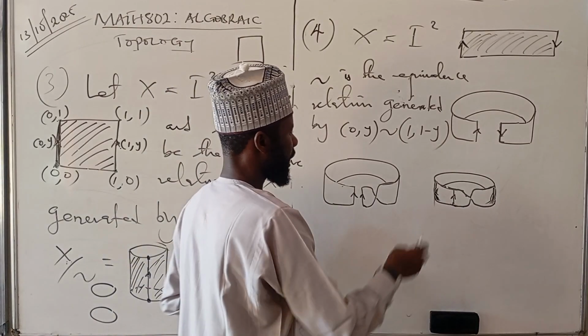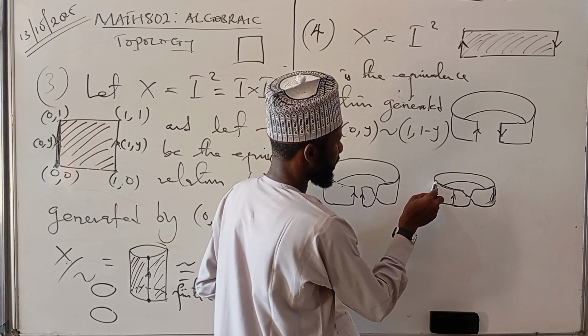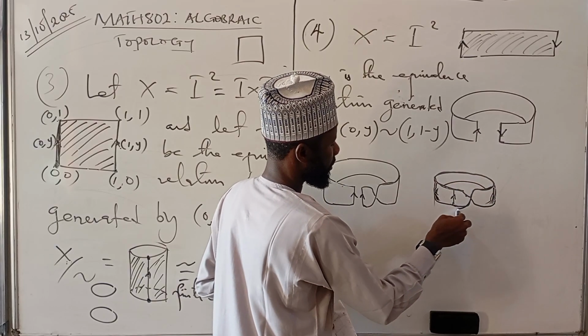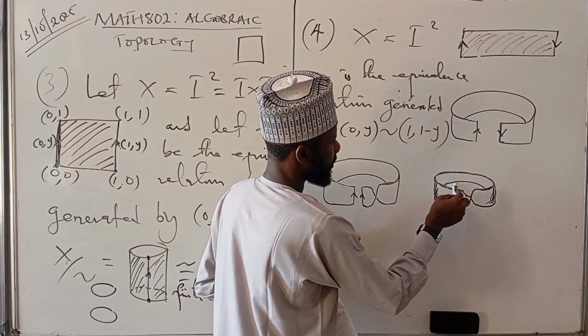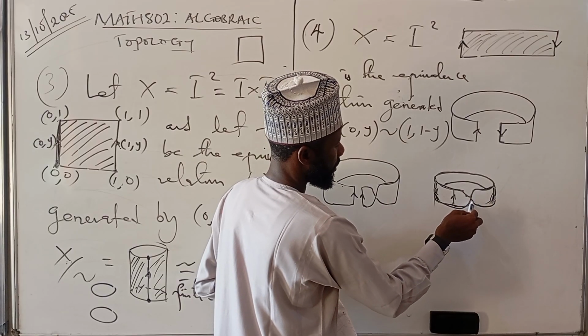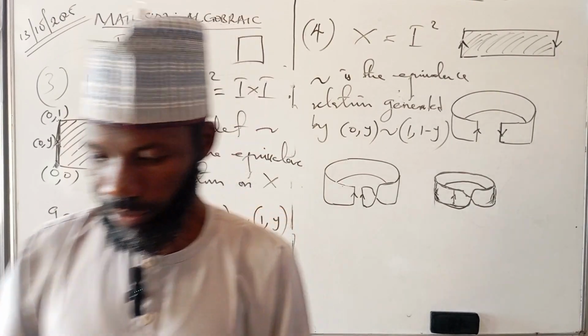And it doesn't have inside and outside, because if you start traveling like this on the boundary, you go like this, then you can now come, and here you are at the other side. So it has only one side.